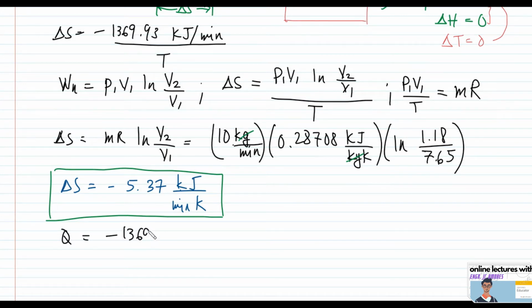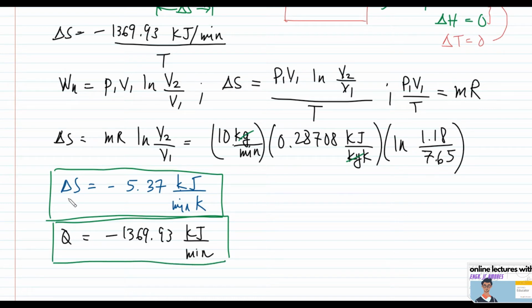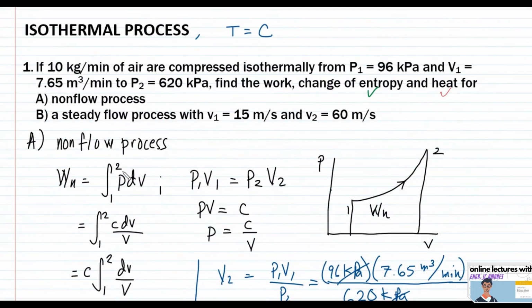Negative 1,369.93 kilojoule per minute. Okay? So we have already the heat, the change of entropy, and the non-flow work. Now that is for letter A, which is the non-flow process.